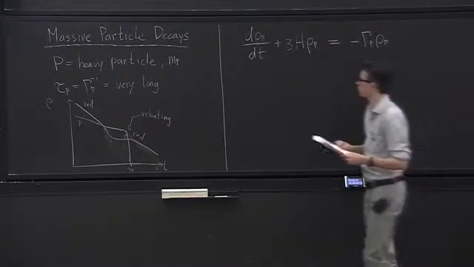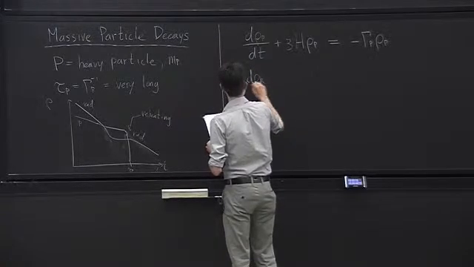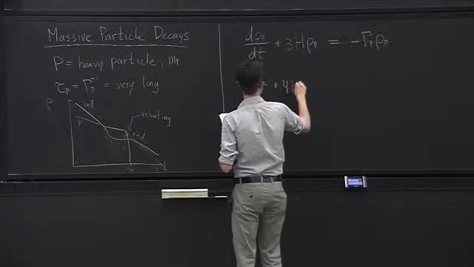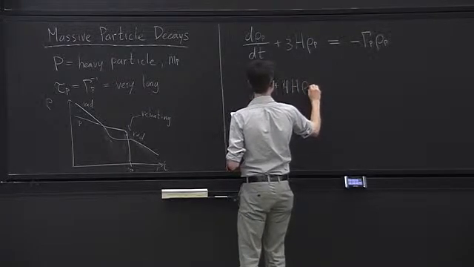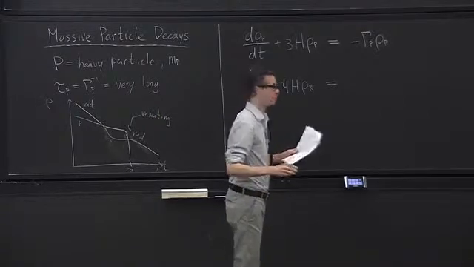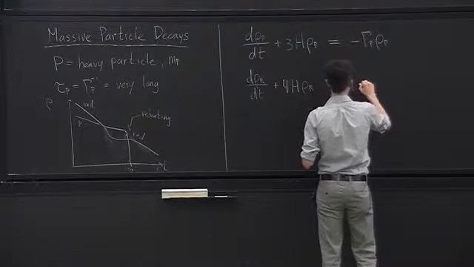So this is the first thing. The second thing is that if I write the radiation density, it still redshifts with the usual 4. But now, because the P decays produce radiation, they're going to produce radiation with some fraction 1 minus epsilon.